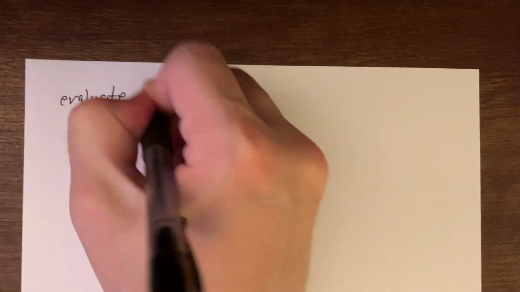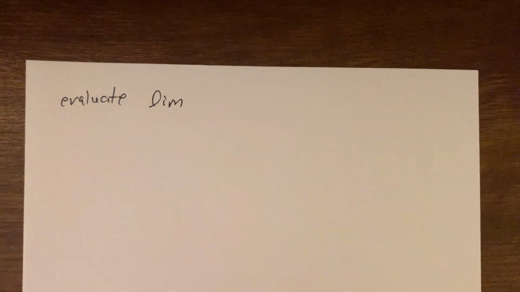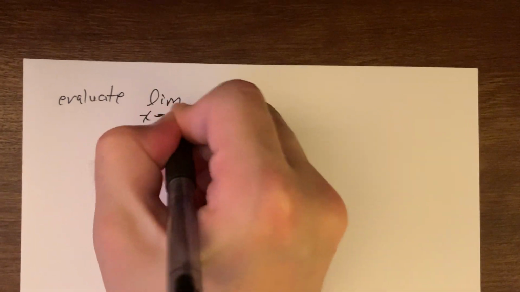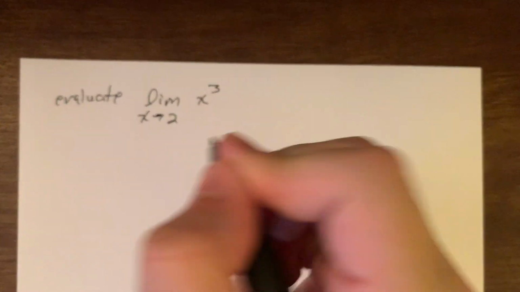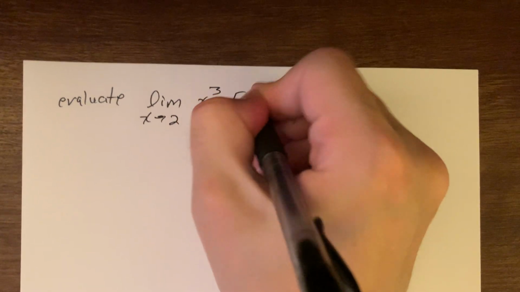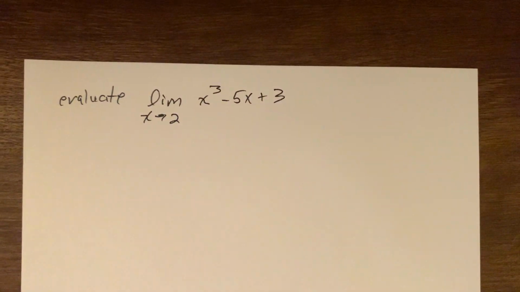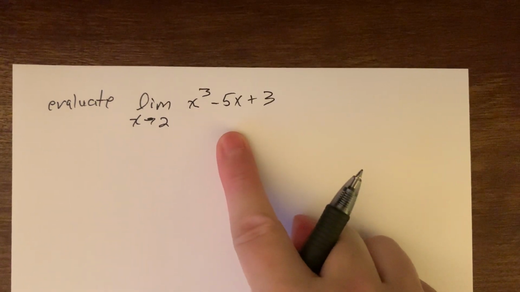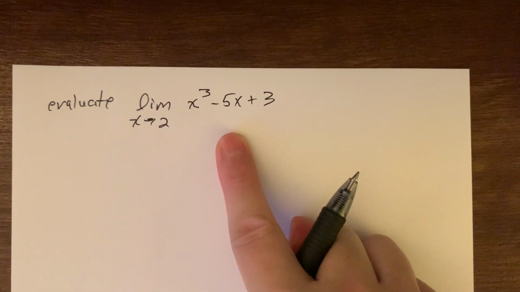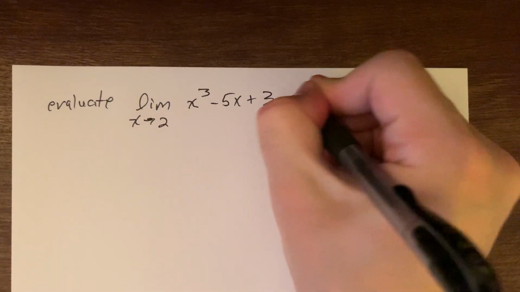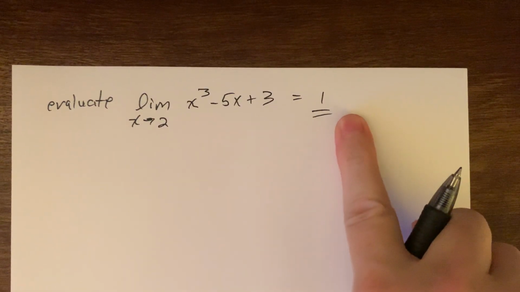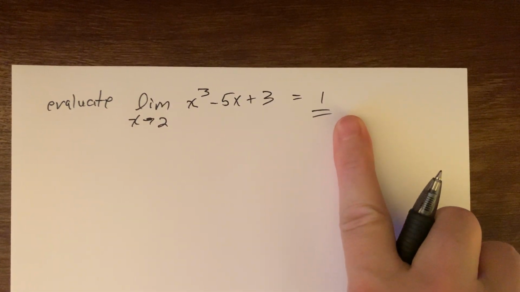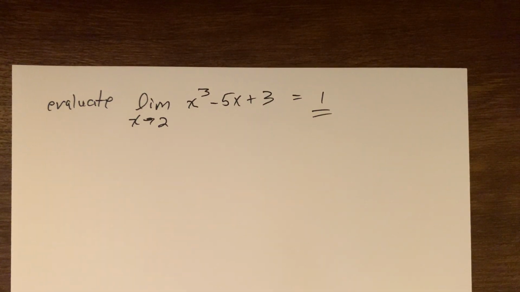Let's evaluate the limit as x approaches 2 of x cubed minus 5x plus 3. Now, if you don't recognize it, we did this at the end of the 1.5 video. I made an XY chart and we figured out that the answer was 1. But now, realizing the limit laws that we have, let's see what we can do here.